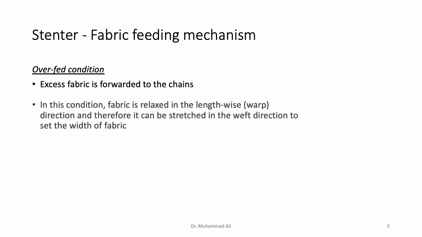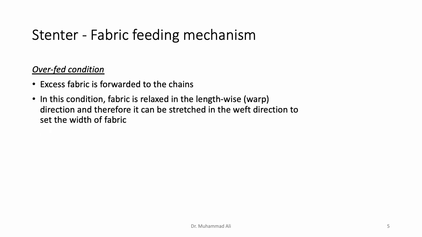And as you would expect, this results in a situation where the fabric is relaxed in the lengthwise or warpwise direction. This is done if we are required to stretch the fabric widthwise. So basically, at the expense of the length of the fabric, we gain width of the fabric. Again, how much you want to overfeed depends on the requirements in the final fabric.